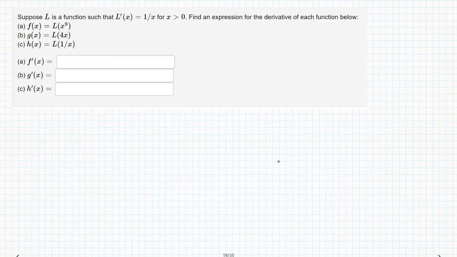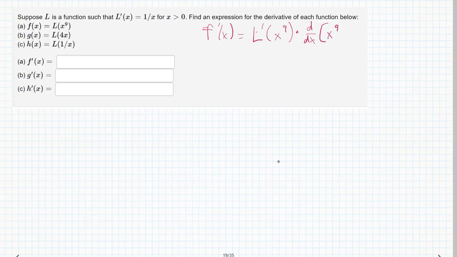So we have a being f of x equals L of x to the 9th, and L prime of x equals 1 over x. What's going on with f prime of x? In this first case, we're going to need to use the chain rule. So you go L prime of x to the 9th, that's just the outside, times the derivative of the inside.